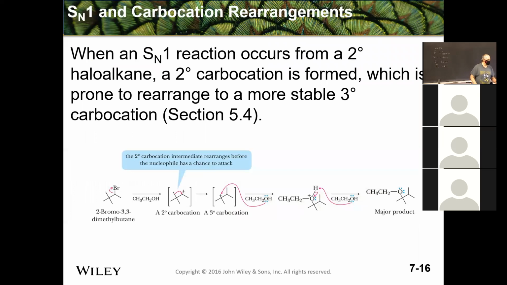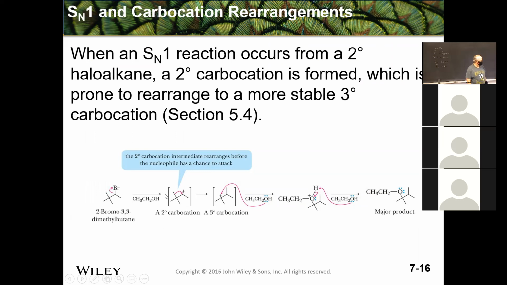Okay, so when an SN1 occurs from a secondary haloalkane, a secondary carbocation is formed, which is prone to rearrange to a more stable tertiary carbocation. Okay, we saw that in our addition reactions of alkenes. Okay, so for example, we have 2-bromo-3,3-dimethylbutane.